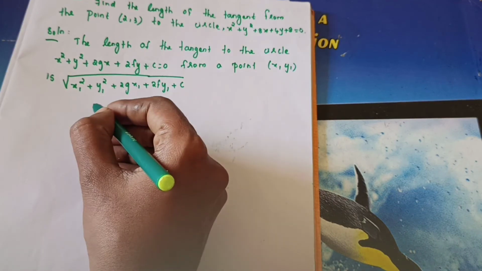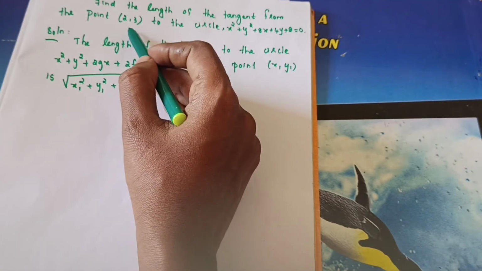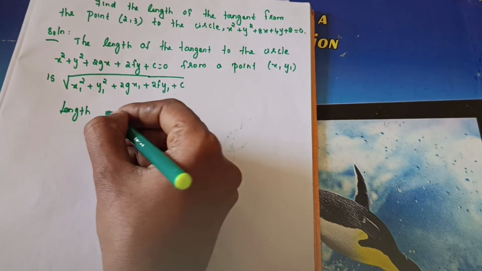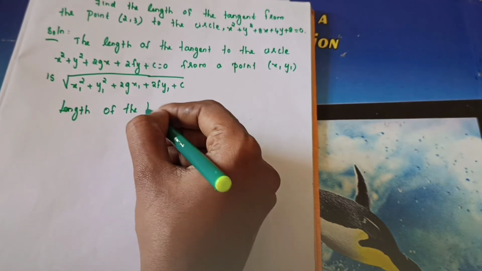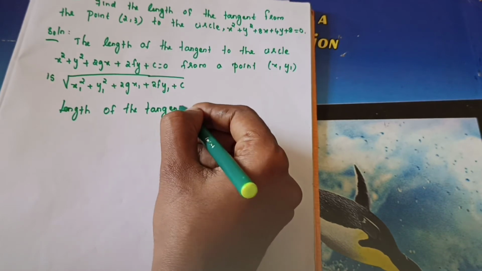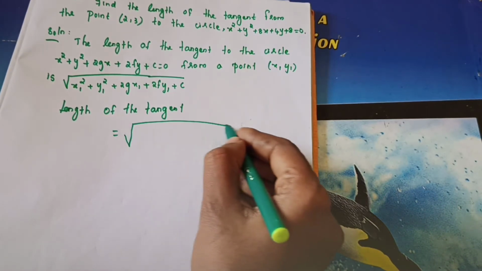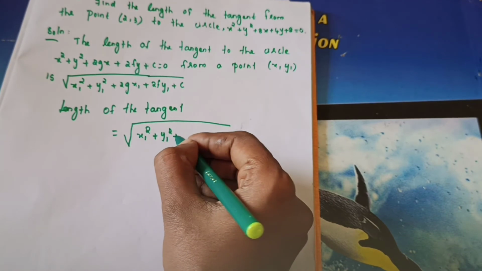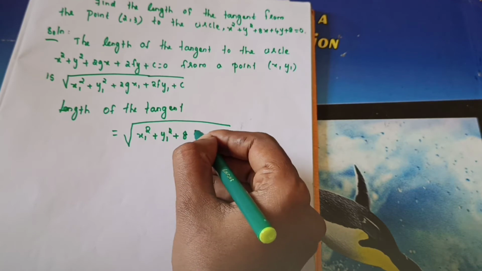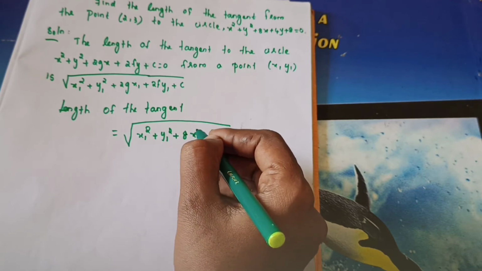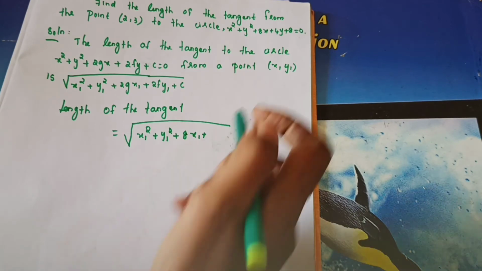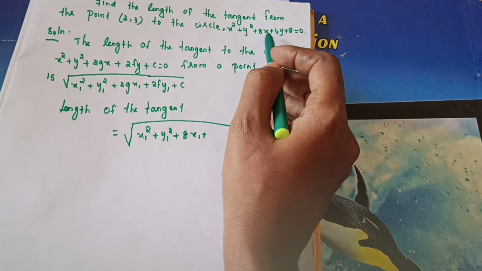So here x1, y1, the value is given as 2, 3. Okay, so length of the tangent equal to square root of x1 square plus y1 square plus 8x1, so it is nothing but 8x1.